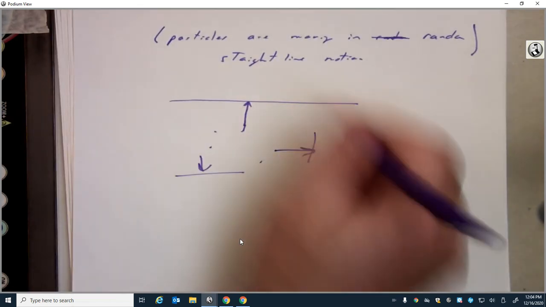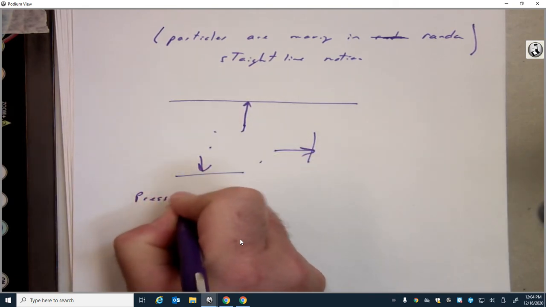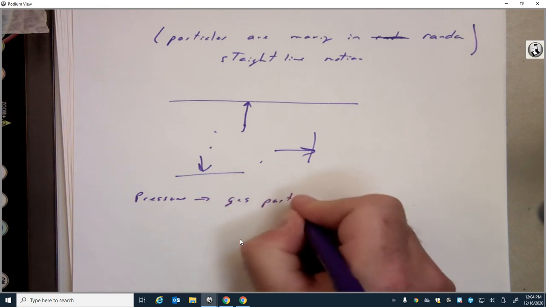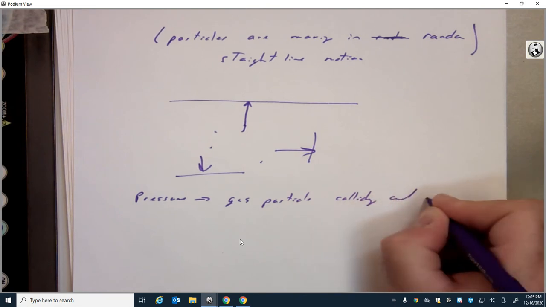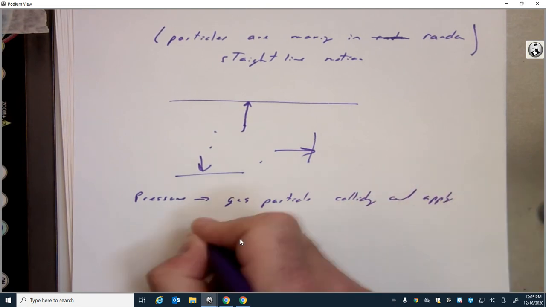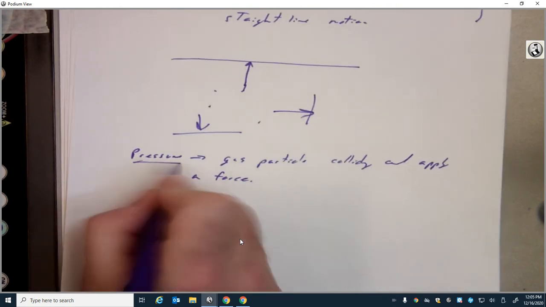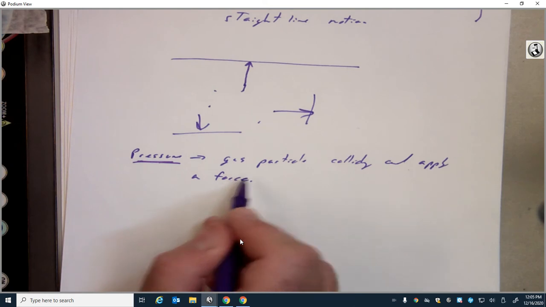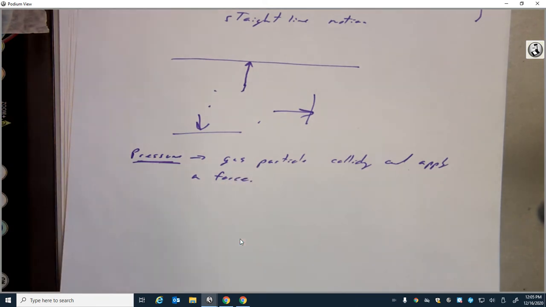Now, really what we're talking about when we're talking about pressure is gas particles colliding and applying a force. So pressure has to do with how much force is being applied by the gas particles' collisions.